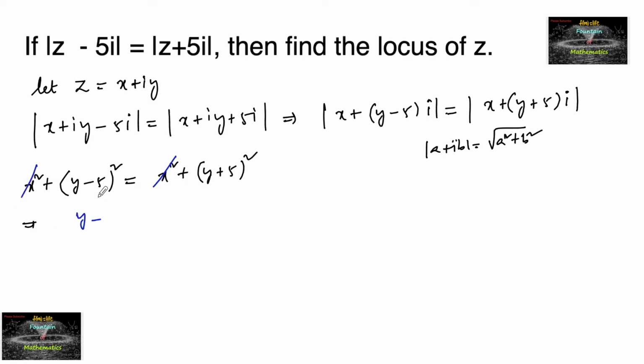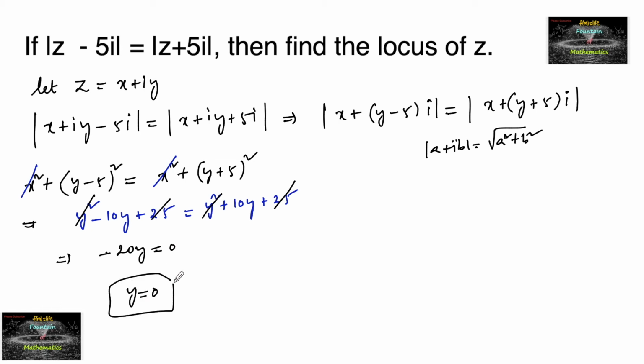So we can write here y minus 5 whole square, y square minus 10y plus 25, equals y square plus 10y plus 25. So again y square and 25 get cancelled, and we get minus 20y is equal to 0, or simply y is equal to 0.